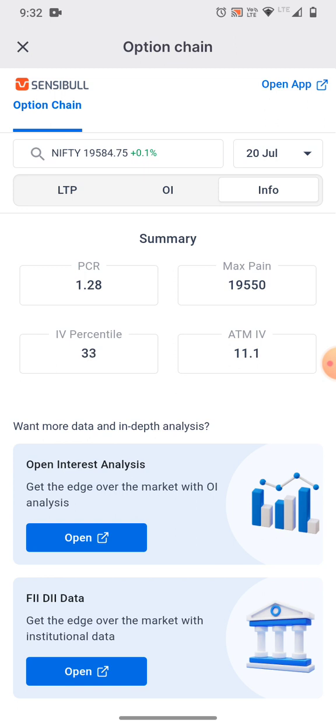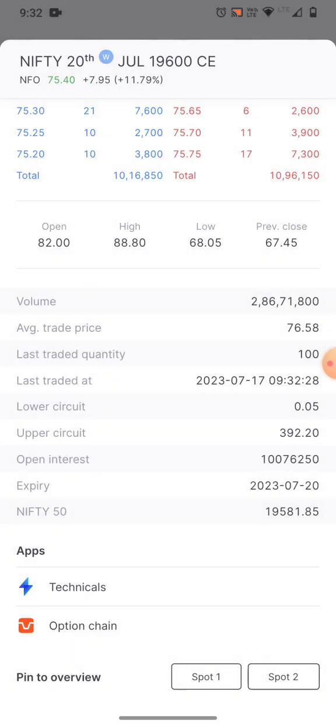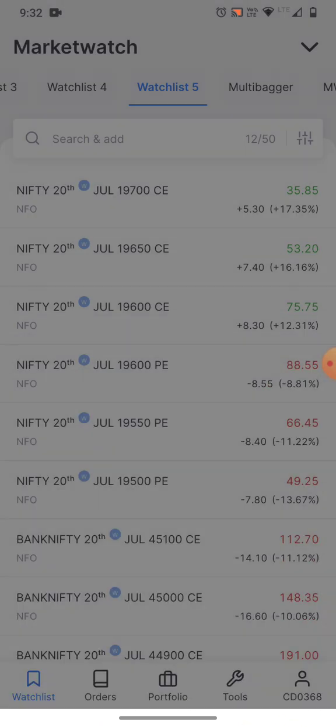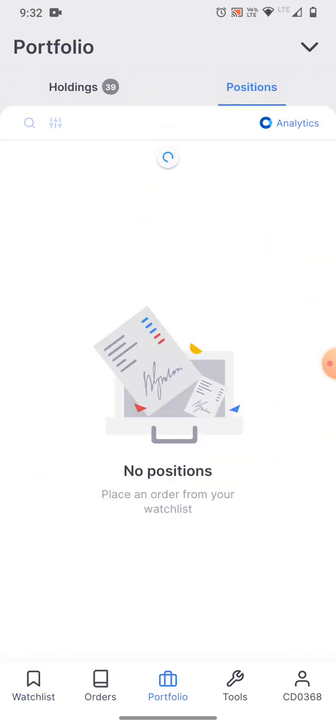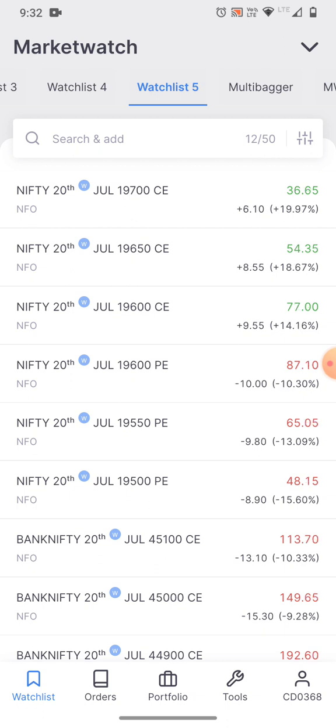There's a possibility if PCR is too high, then there will be a downtrend afterwards. So let's see what happens. Still, I haven't placed any orders. There is nothing to show. I will show you when I place an order.